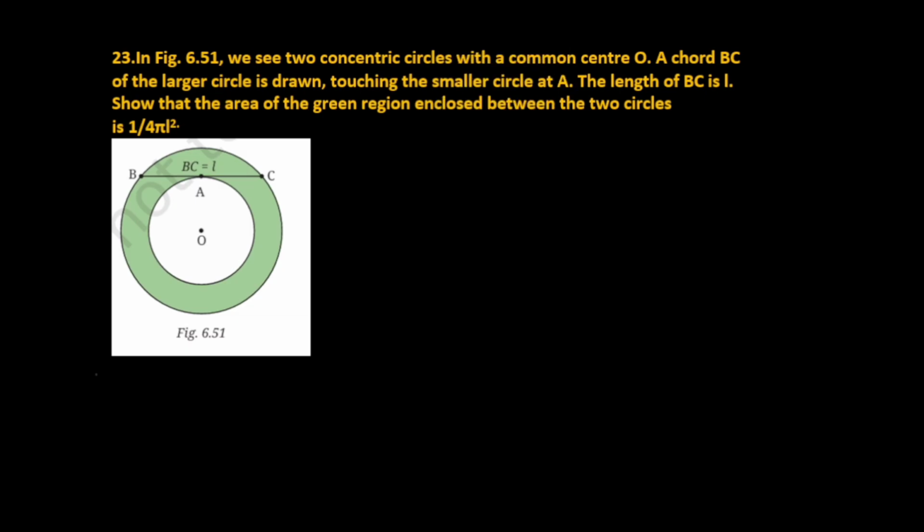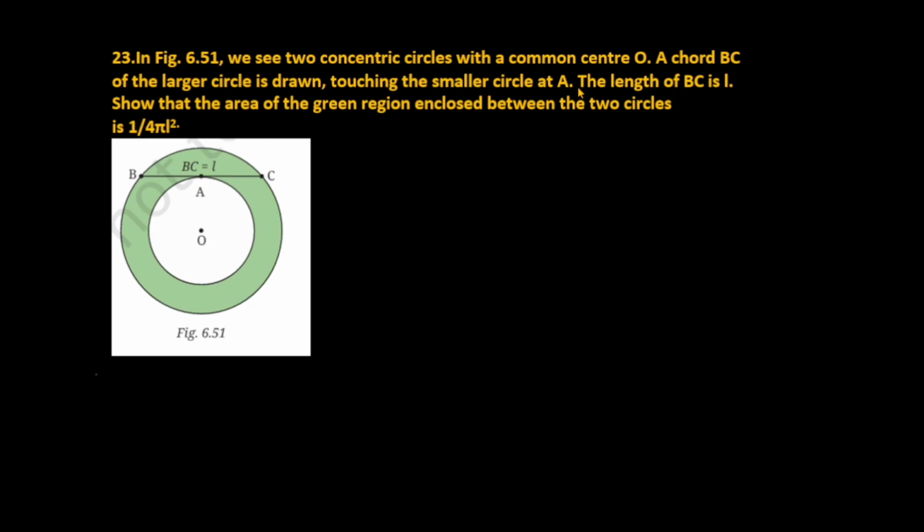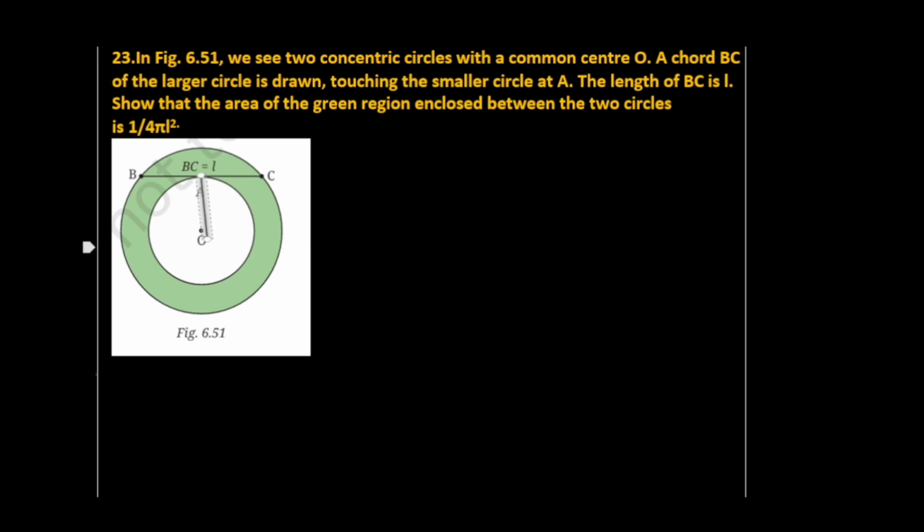Now if we draw the radius of the small circle, joining O and A, we get the radius of the small circle. Say this is small r. Radius of the small circle is small r, and consider the radius of the larger circle as capital R.